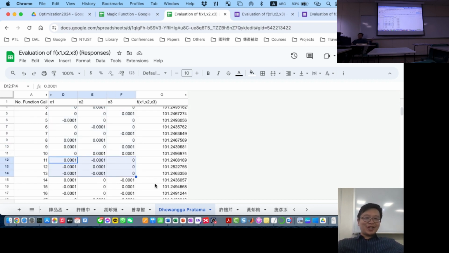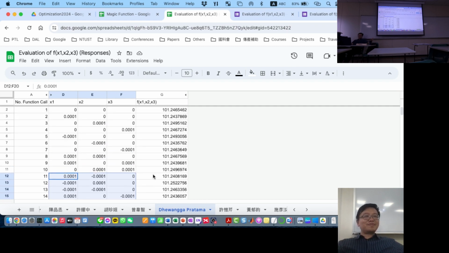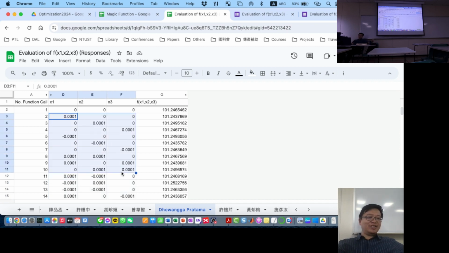So for this person, Dawanga, I don't think those are necessary. These are not necessary, because for finite difference, you only need to have one step forward and one step backward, and also the off-diagonal step. Basically, these are enough.